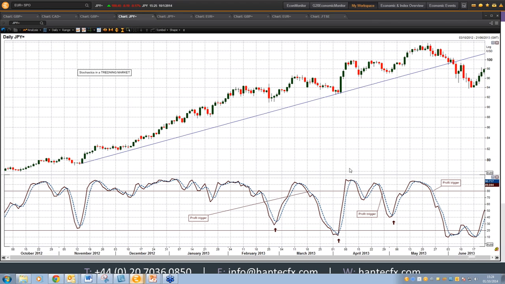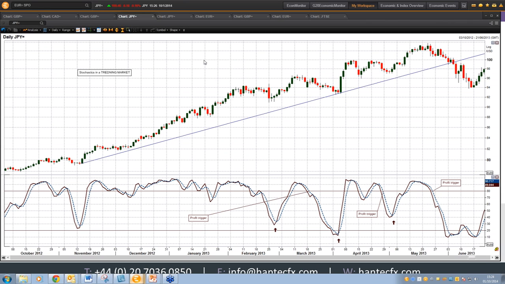You've had a crossover. Now, I'm going to talk about profit triggers again. In a bullish uptrend market, when you get a sell signal, which is a crossover, you use that as a profit trigger, or it is used in conjunction with other indicators.